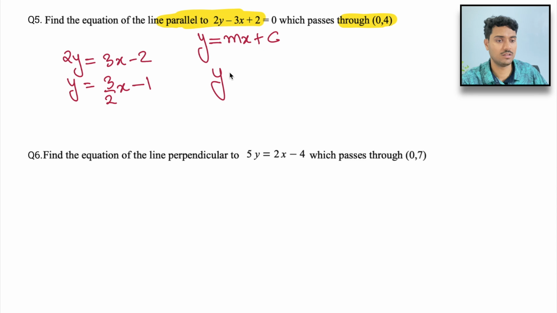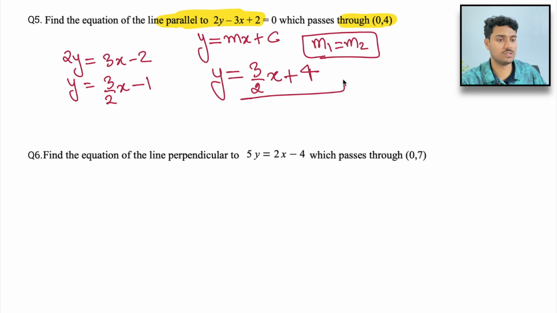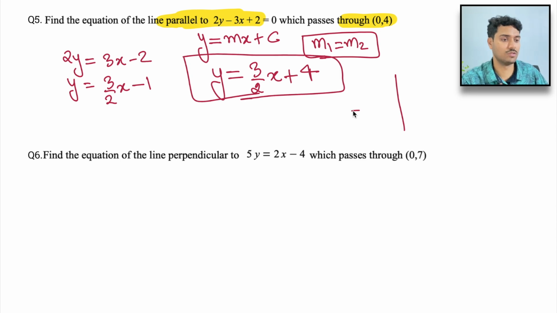So another equation which is parallel to this is going to be 3 upon 2 x, because in case of parallel lines the gradients are equal, and instead of minus 1 this is going to be plus 4 because this is (0, 4). This is going to be the y-intercept (0, 4), which is parallel to the line y equals 3 upon 2 x minus 1. That means this line passes through here with minus 1 as the y-intercept, (0, negative 1).